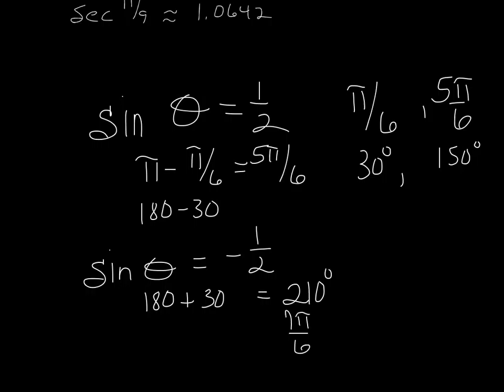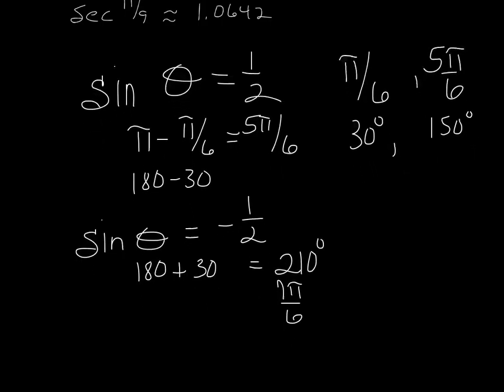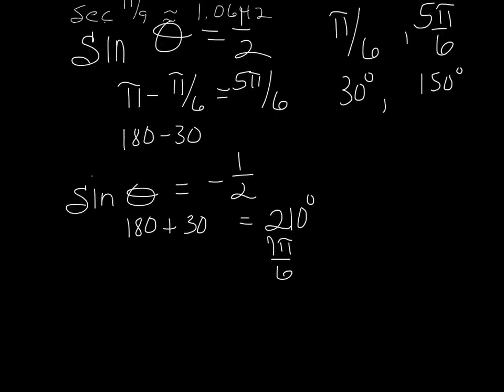What about quadrant 4? How do we find a quadrant 4 angle if we know the reference angle? 360 minus 30. So that's going to be 330 degrees, or what would it be in radian measure? 2 pi minus pi over 6, which would give us 11 pi over 6.